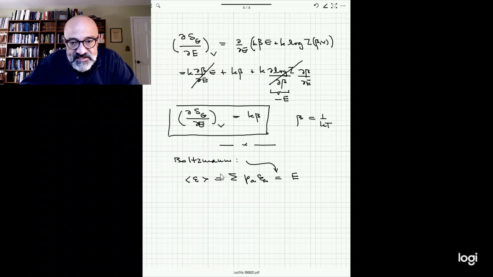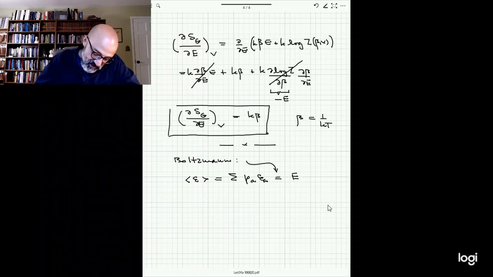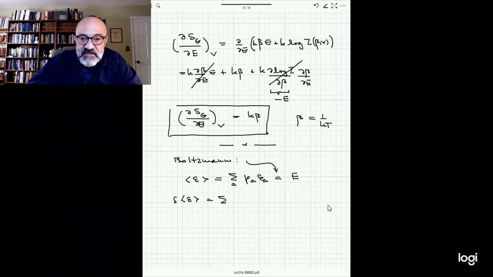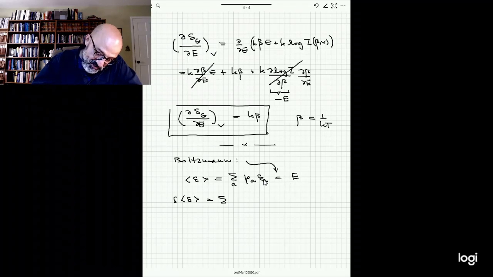We're connecting the statistical quantities to the thermodynamical quantities. We can consider what happens when you do a small change in the constraint, and that comes about from doing a small change in the probabilities and a small change in the energy. So let me do first a small change in the energy.